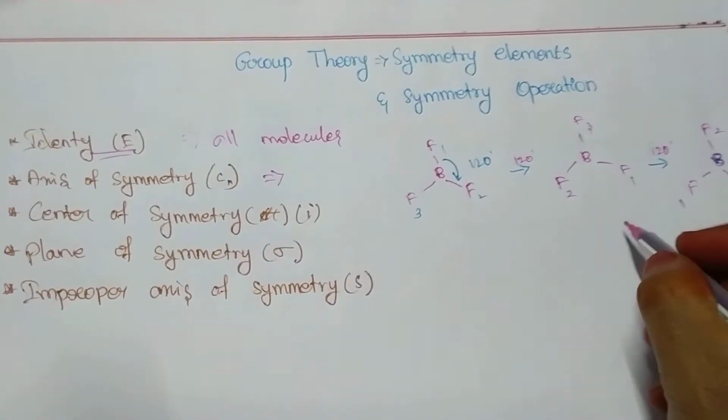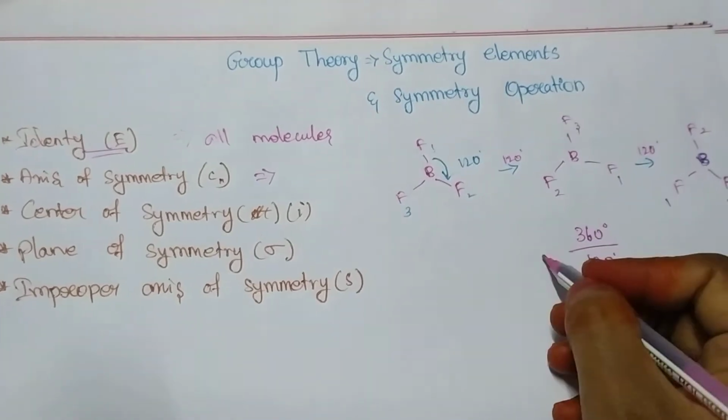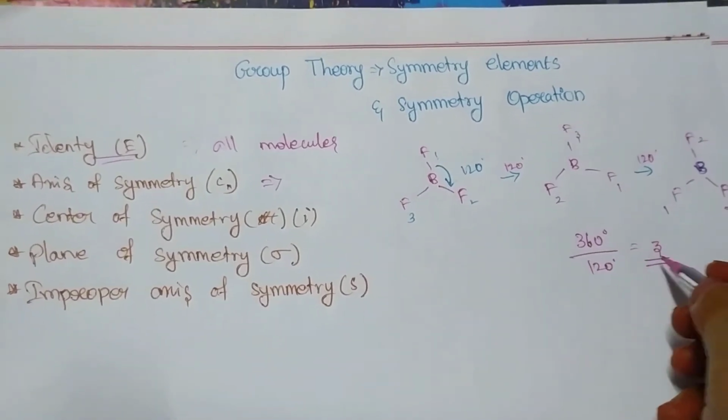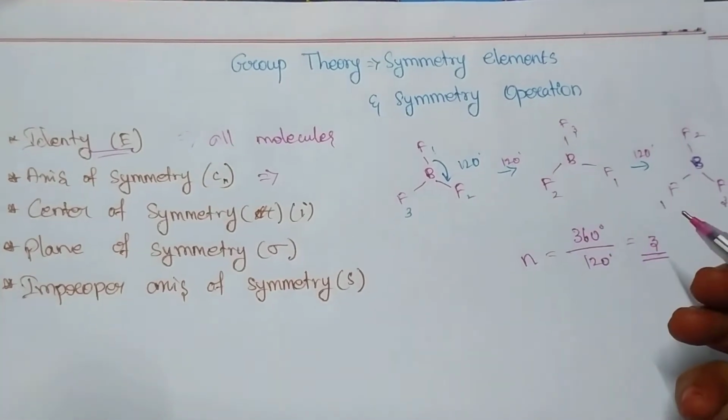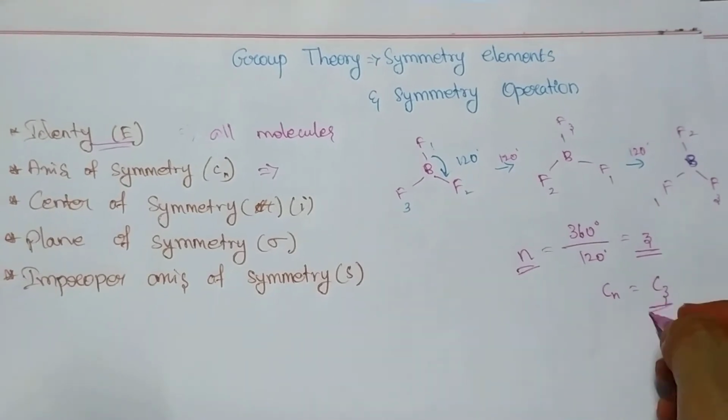Now totally 360 degrees. We rotate 120, and we get 3, that is n. This is the n value, so Cn will be C3.